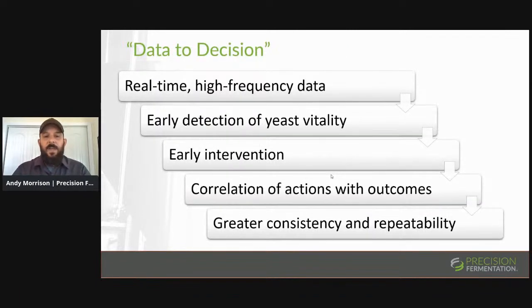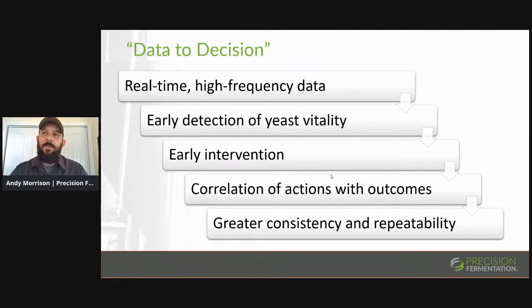So again, the idea here overall is by providing this high frequency data, and setting those baselines or benchmarks in place, what you're going to be able to look at is early detection of potential issues to your fermentation, right?